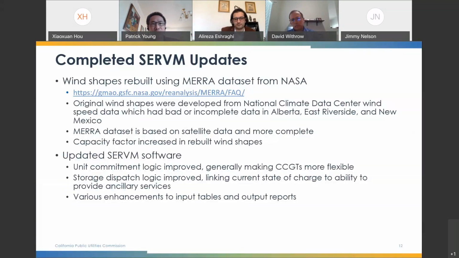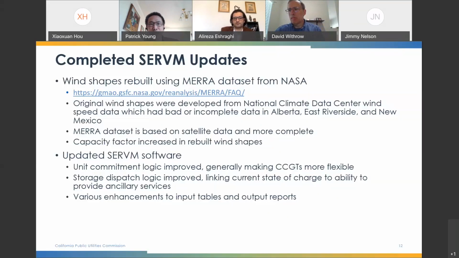First, we rebuilt the wind shapes that are used by the SERVM model. The original wind shapes were based on National Climate Data Center wind speed data, and that data set had some bad or incomplete data in the Alberta and East Riverside and New Mexico areas. So we switched to using the MERRA data set from NASA.